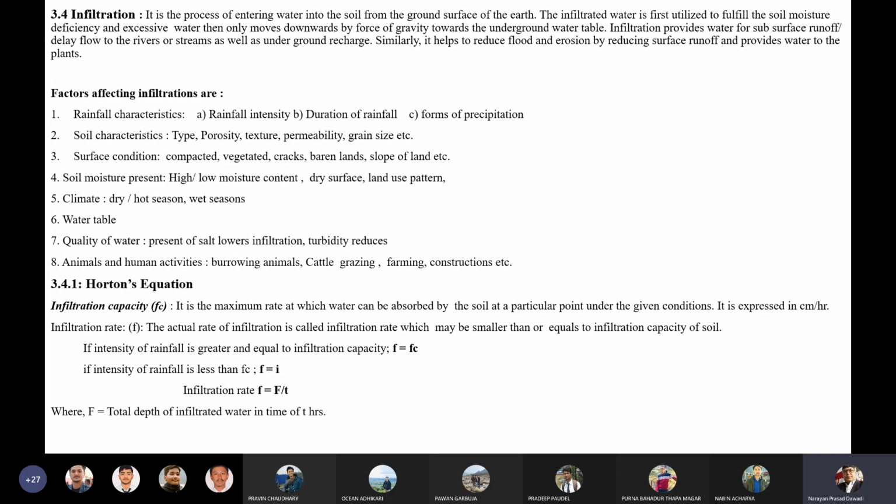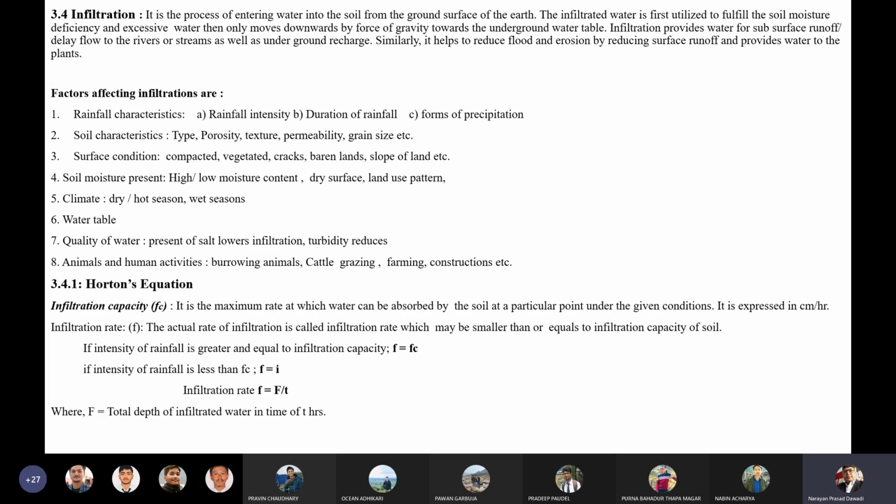Infiltration not only helps to recharge the underground sources, it also helps to reduce floods in the river, because if the infiltration is low, then the surface runoff will be high, and that surface runoff will ultimately flow towards the river or stream, causing the river depth, discharge, or velocity to be high, which may develop a high flood in the region.